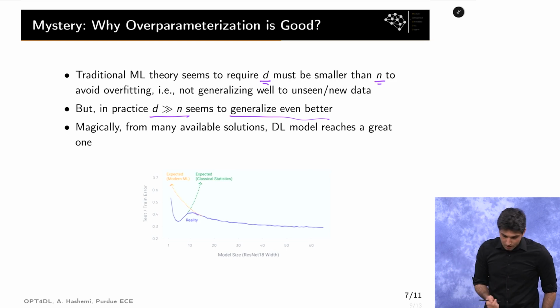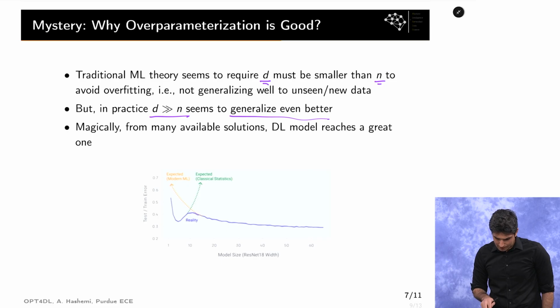So the mystery is that, remember that when d is larger than n, we have more unknowns than knowns, so there are multiple solutions. And from all of these, magically, the deep learning model finds the one that is doing great.